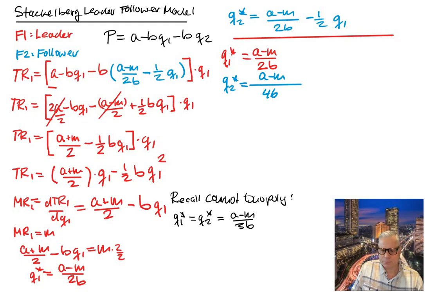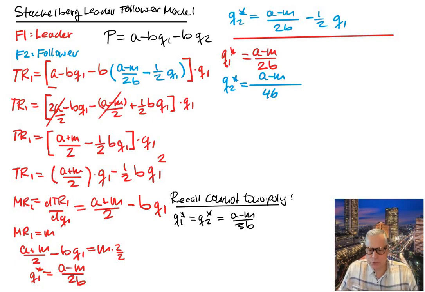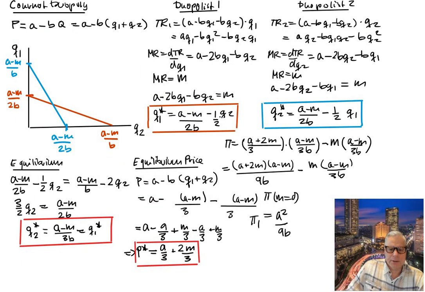So that's why there might be an advantage to the leader. And what was the price in the Cournot duopoly? The price was a plus 2m over 3, so we can also just write a plus 2m over 3.